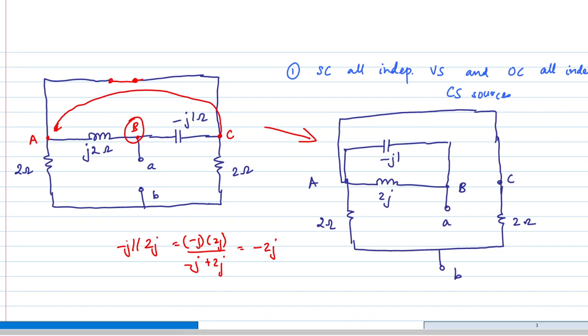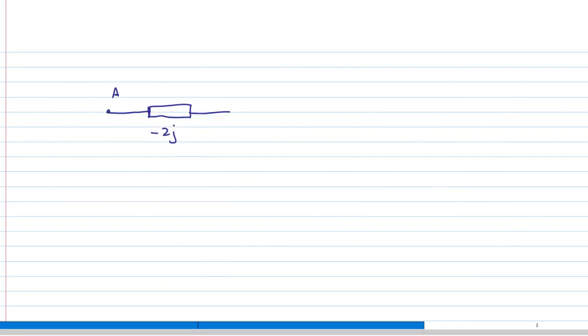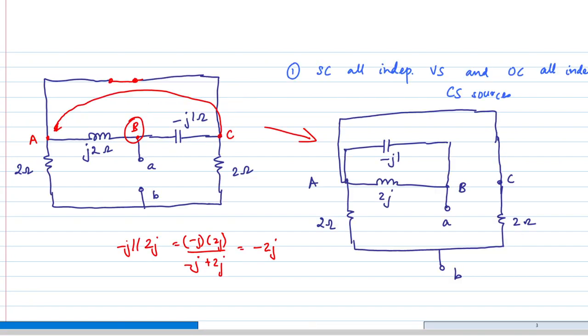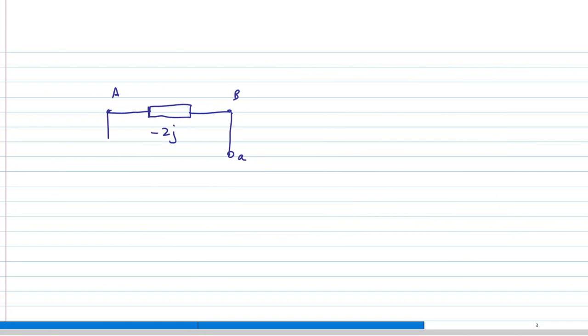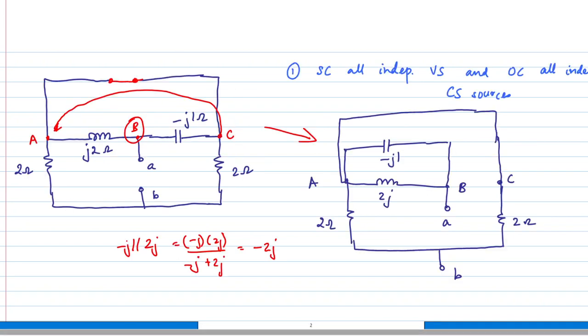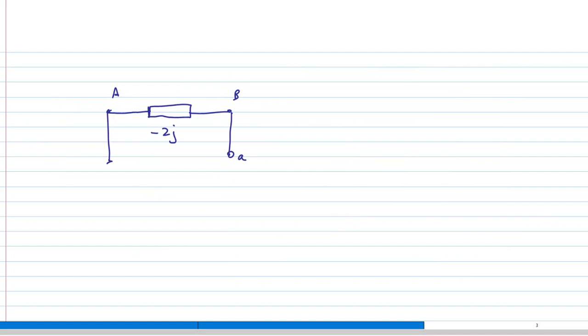So between A and B we will have a single impedance of minus 2j. This is minus 2j, and the points are between A and B. This is the A point and this is the B point, and from the B point we have the terminal A, and the other parts remain the same: here we have a resistor of 2 ohm, then here we have another resistor of 2 ohm.